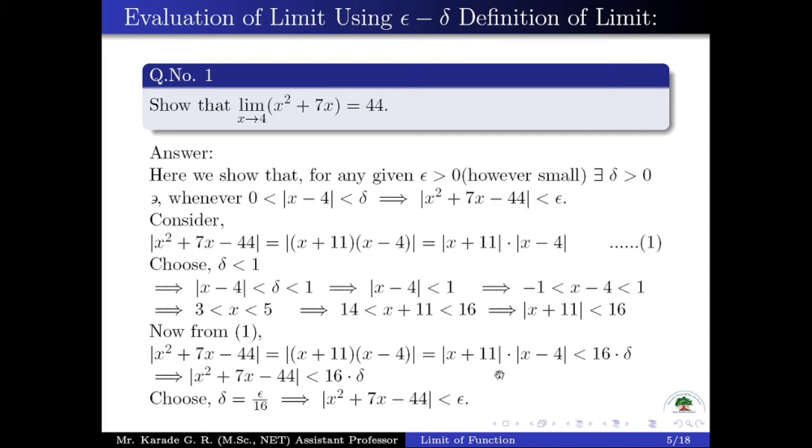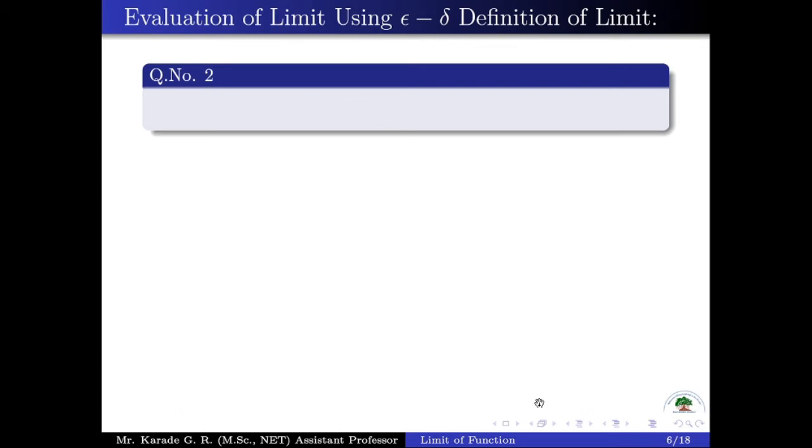In this way we prove that the limit of x squared plus 7x is 44 when x tends to 4. Now see the next question: show that the limit of the function square root of x plus 19 as x tends to 6 is equal to 5.